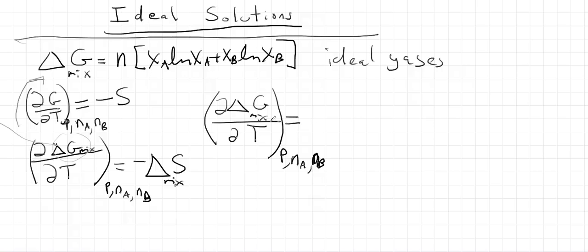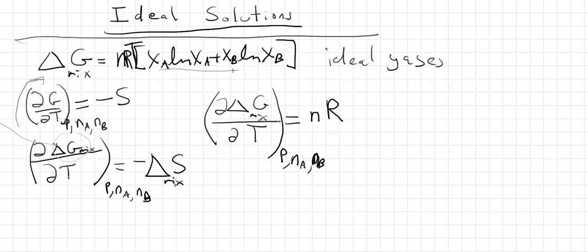Okay, so take the derivative of this expression up here. Oh, this expression's wrong. What did we leave out? We left out RT. Okay, now it's right. Now let's take the derivative of this, and we see n is a constant, R is a constant. We take the derivative with respect to T, so we end up with 1.